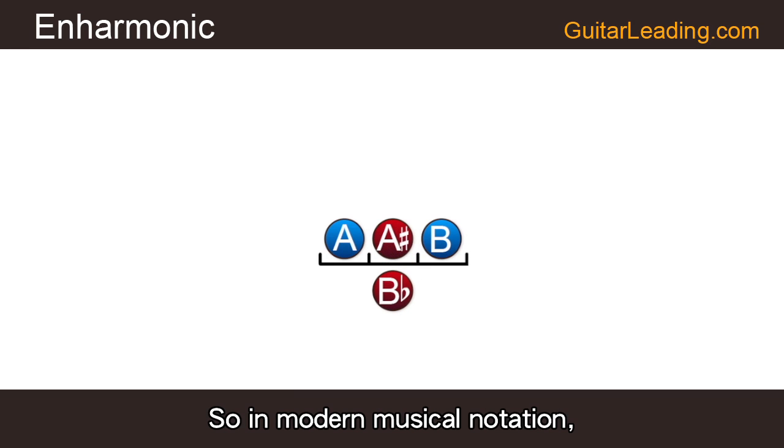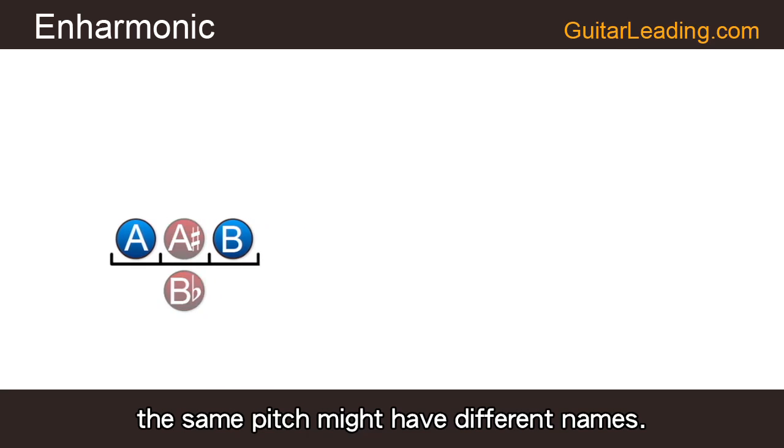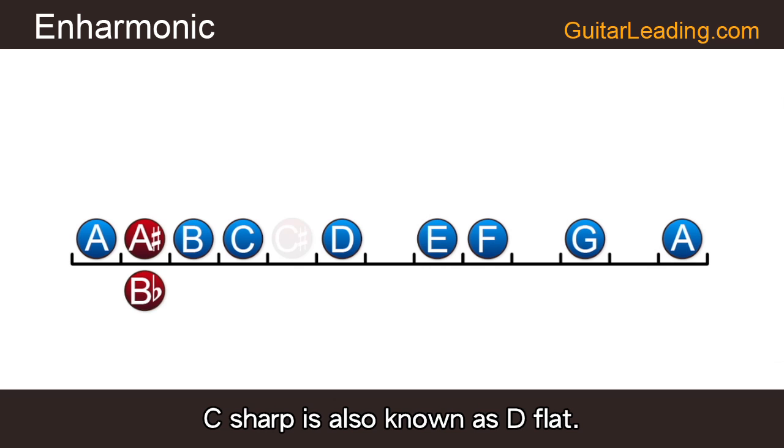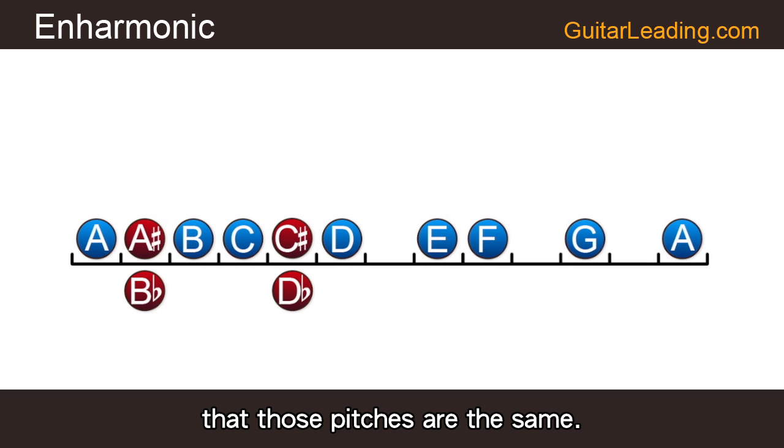So in modern musical notation, the same pitch might have different names. For example, A sharp is also known as B flat. C sharp is also known as D flat. So again, it's very important to understand that those pitches are the same.